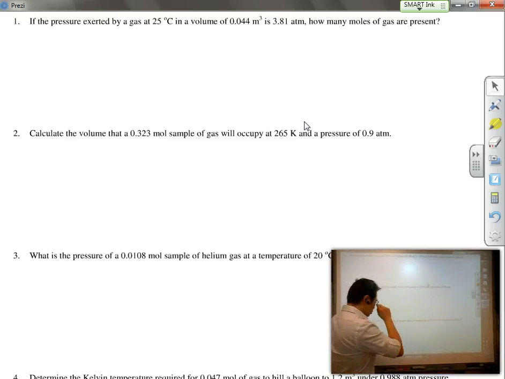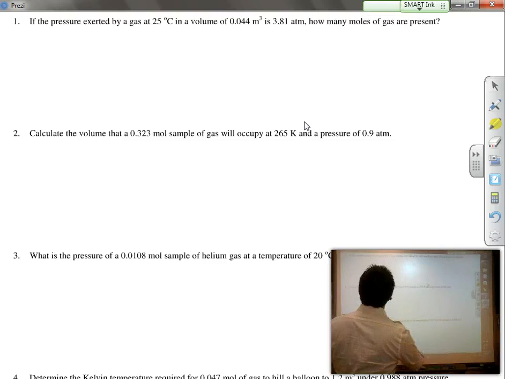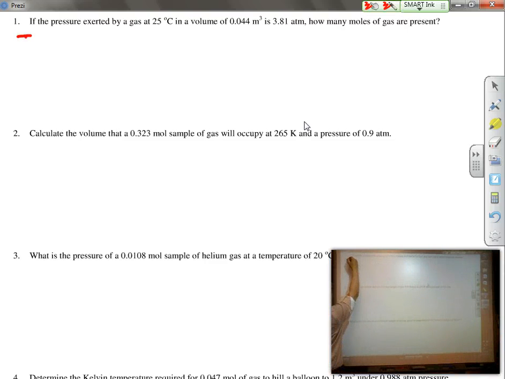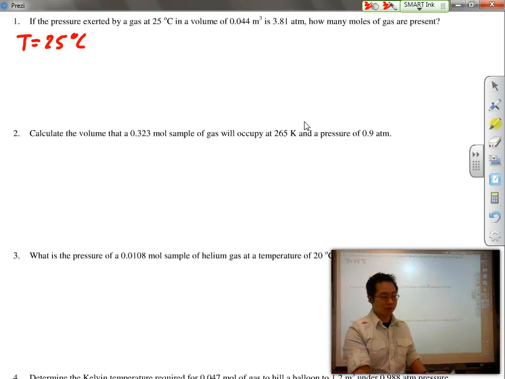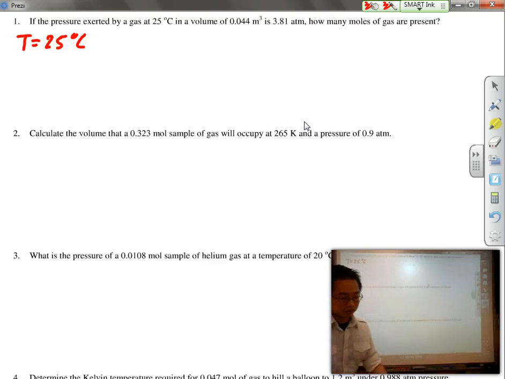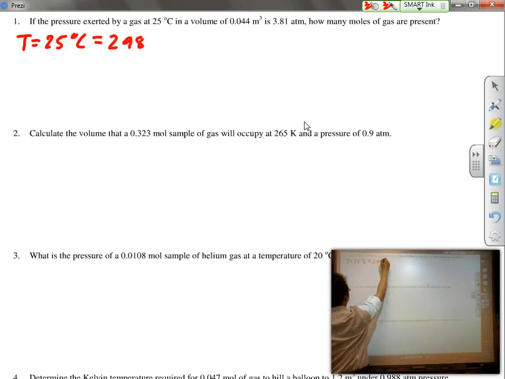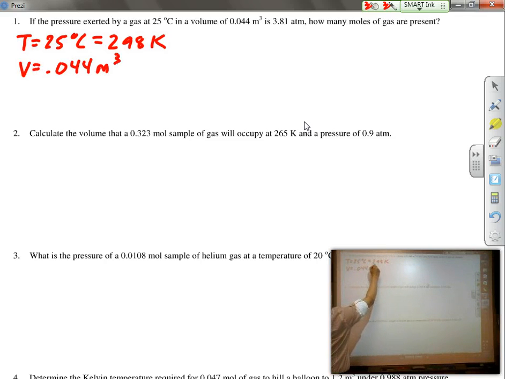If the pressure exerted by a gas at 25 degrees Celsius, so the first given is temperature equals 25 degrees Celsius. But the problem is that we don't use Celsius anymore, we're going to use Kelvin. So 25 degrees Celsius is the same thing as 298 Kelvin because we're adding 273. The volume is 0.044 meters cubed. Excuse me.